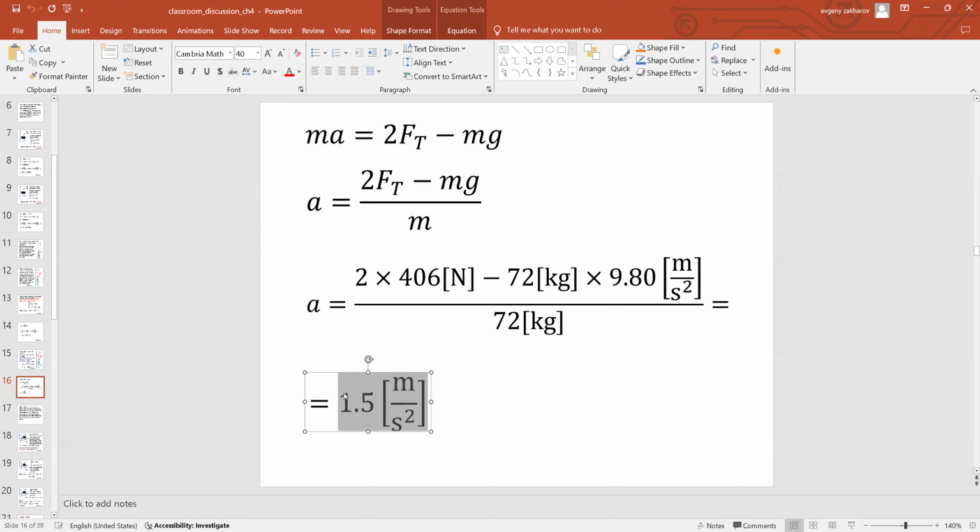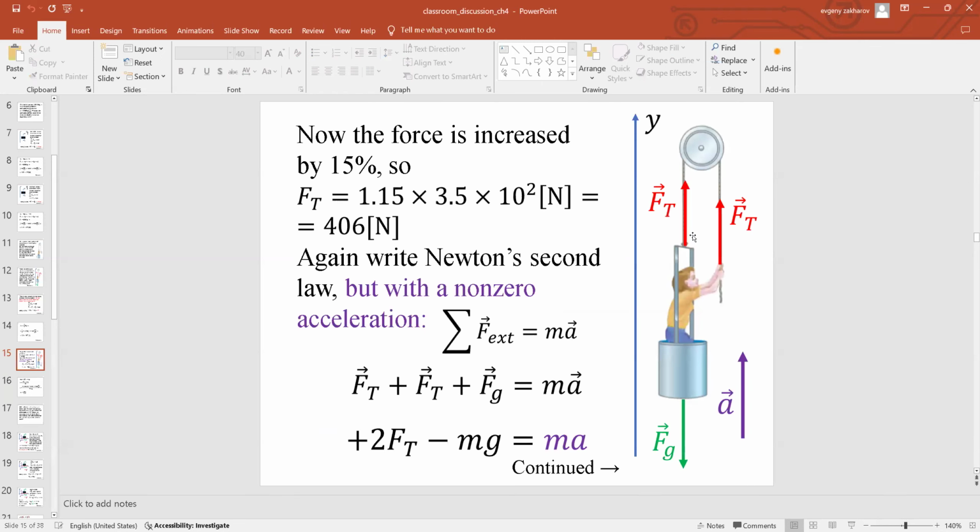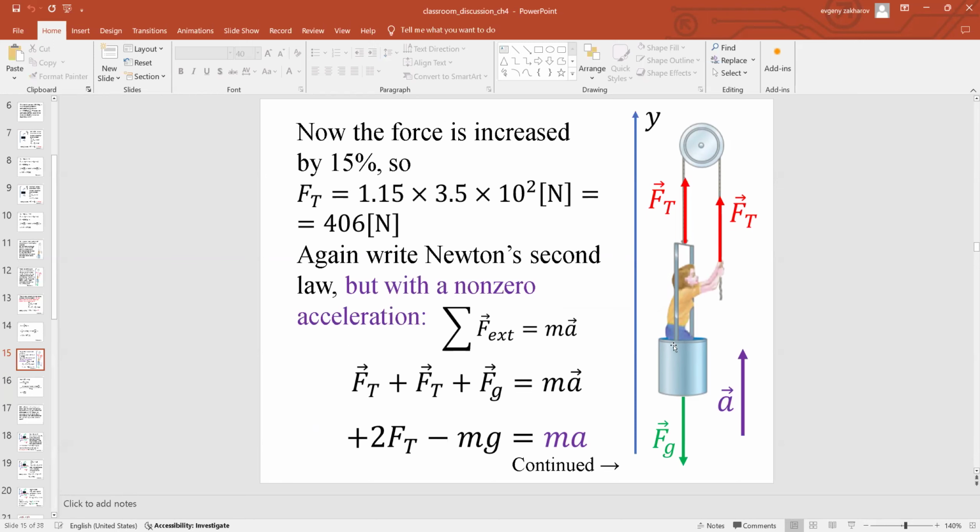Is that something reasonable? Well, the only other acceleration you can think of is free fall, and free fall is 9.8. So are we doing free fall here? No, we're doing something less intense. So acceleration is upward, by the way, same as the net force.